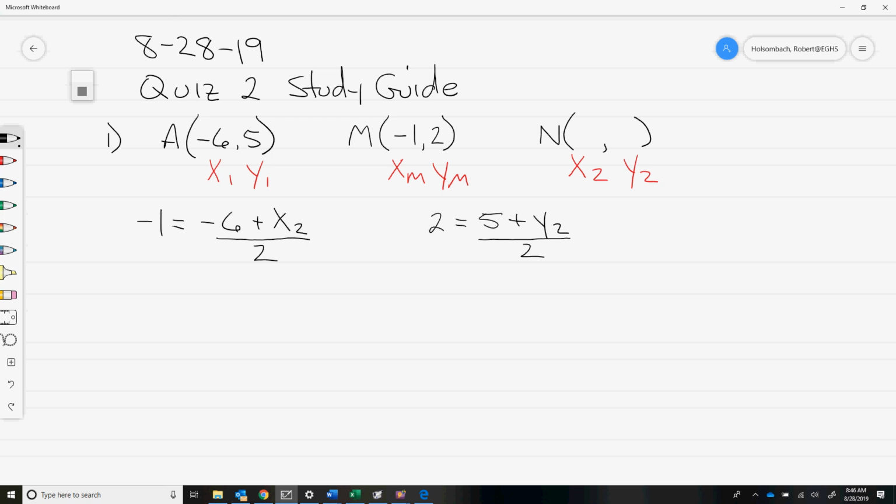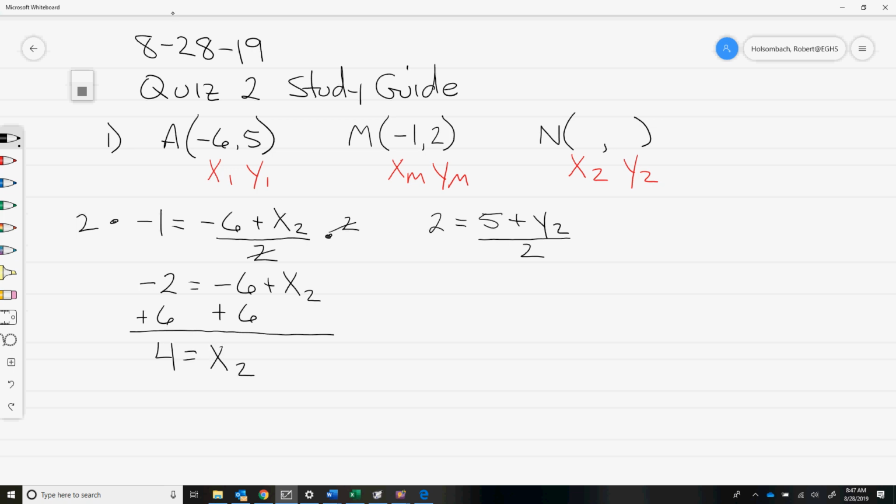And you do that by multiplying both sides by 2 to start with. And these 2's cancel out on the right hand side. 2 times negative 1 is negative 2 equals negative 6 plus your x sub 2. And then you can add 6 to each side. Alright, so 4 equals your x sub 2.